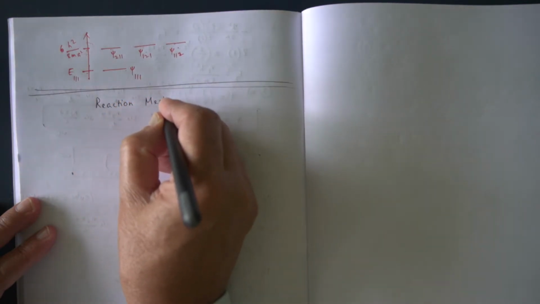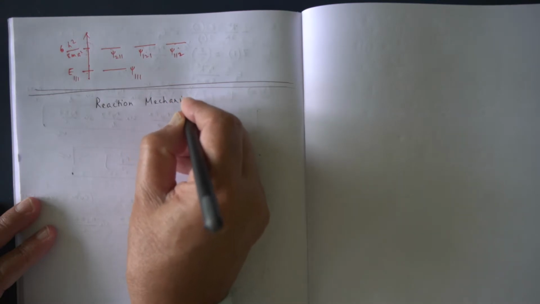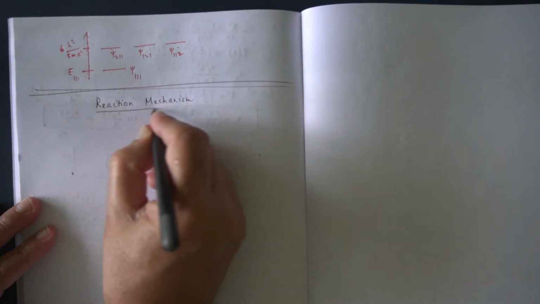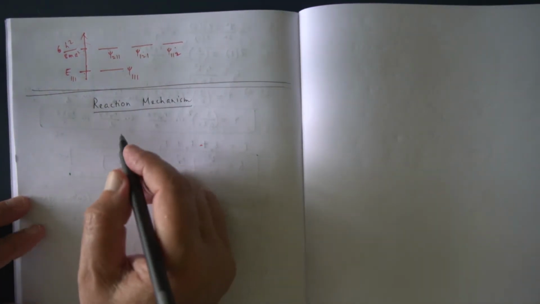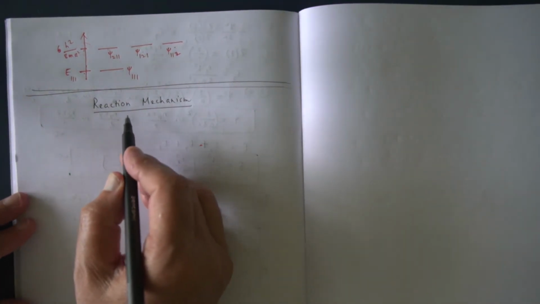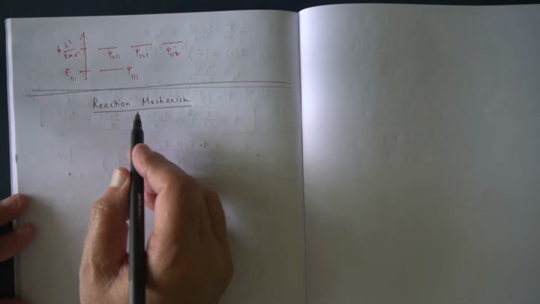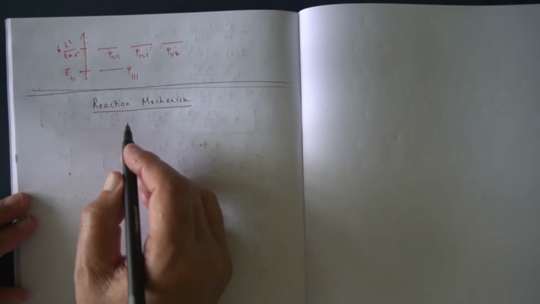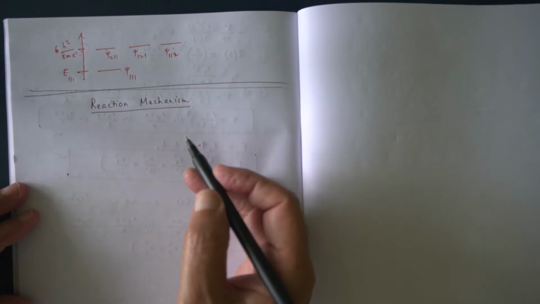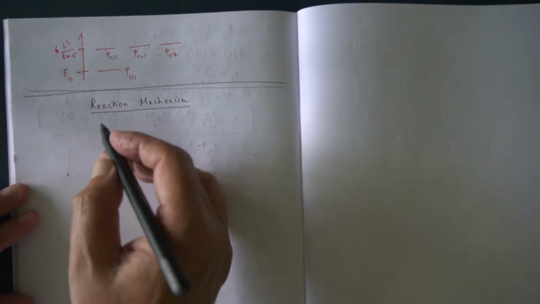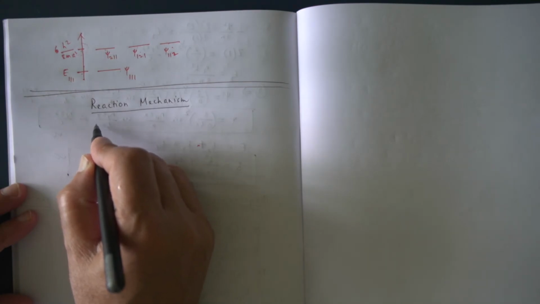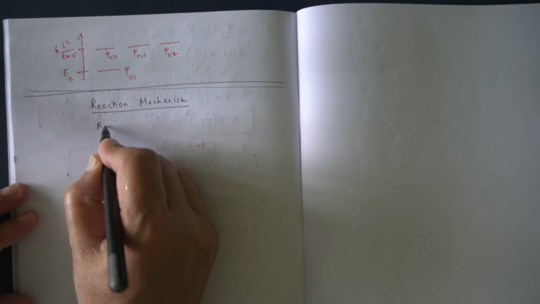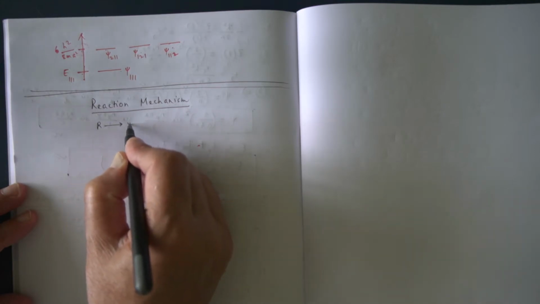Reaction mechanism. You have studied about reaction mechanism in organic chemistry. In organic chemistry, how do we represent reaction mechanism? We represent it by using some arrows, to show how the electrons are transferred.